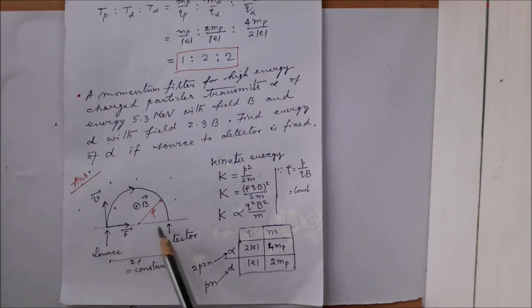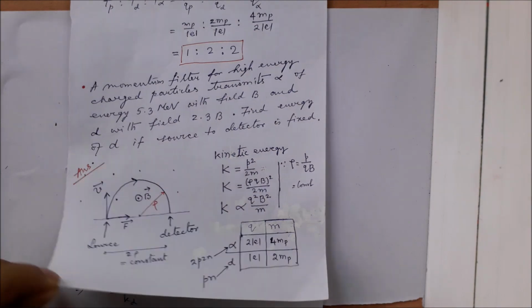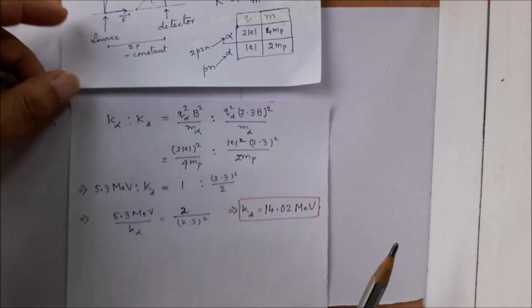Since this separation is constant, so radius is constant, and therefore kinetic energy is proportional to q squared B squared by m. Now using this charge and mass values of alpha and deuteron, deuteron is a pn system and alpha is a 2p2n system, p for proton, n for neutron, we can compare the kinetic energy.